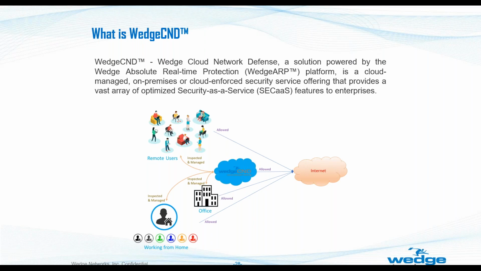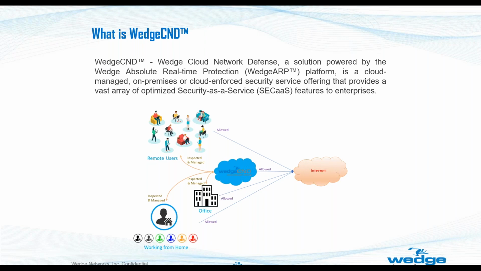Through cloud-based security services, as shown in the diagram, office networks, remote users and home users connect to the internet through the access points, or APs. Then these AP devices establish an encrypted tunnel to connect to Wedge CND in the cloud, which performs security checks on the internet traffic.